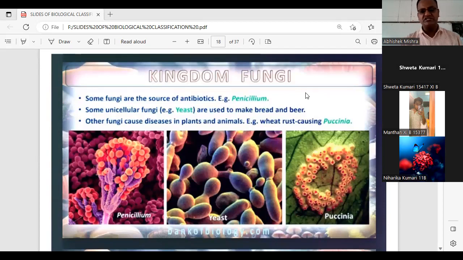Students, remember this is very, very important, because this is the first drug, the antibiotic, which was discovered from the species Penicillium notatum. So the antibiotic which was discovered is penicillin, and the organism is Penicillium notatum. Some are unicellular fungi like yeast. Some fungi cause disease in plants and animals. Example, the wheat rust caused by Puccinia.